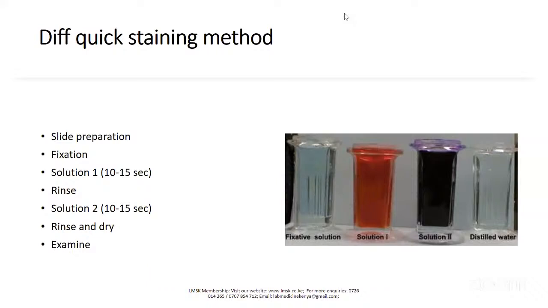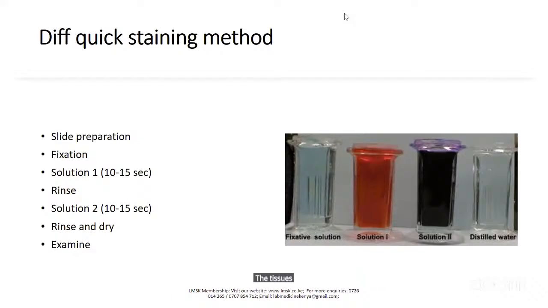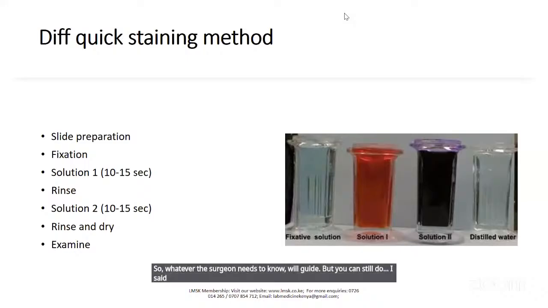It's not representative of the entire section, because for the frozen section, the tissue is embedded, then you're cutting the sections. So you have a view of both the outside and the inner of the lesion. Whatever the surgeon needs to know will guide, but a combination of the two will always be recommended.